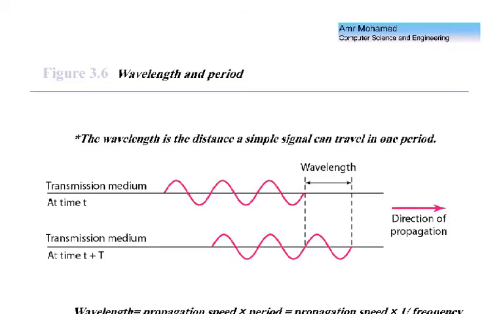The last thing is what we call a wavelength, and a period. Many people confuse the wavelength with the frequency of the signal.